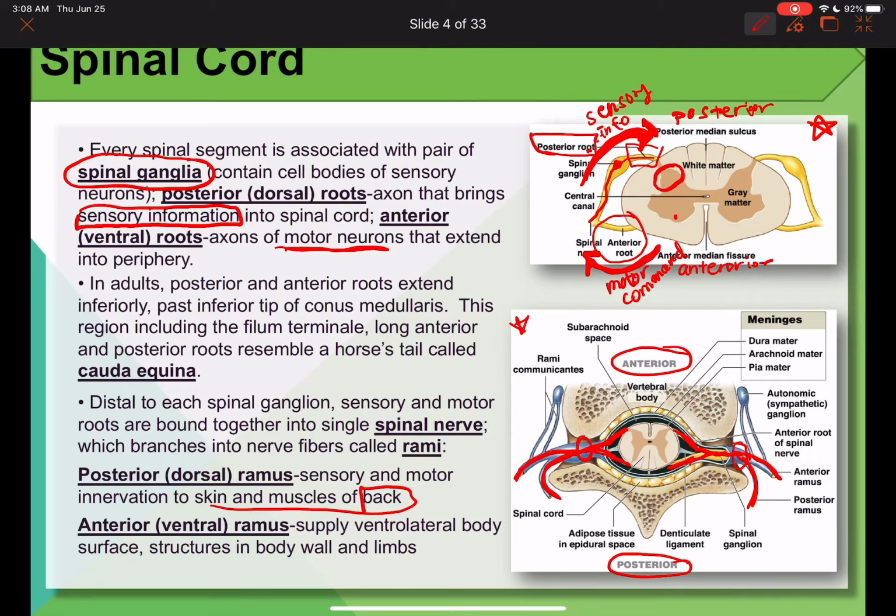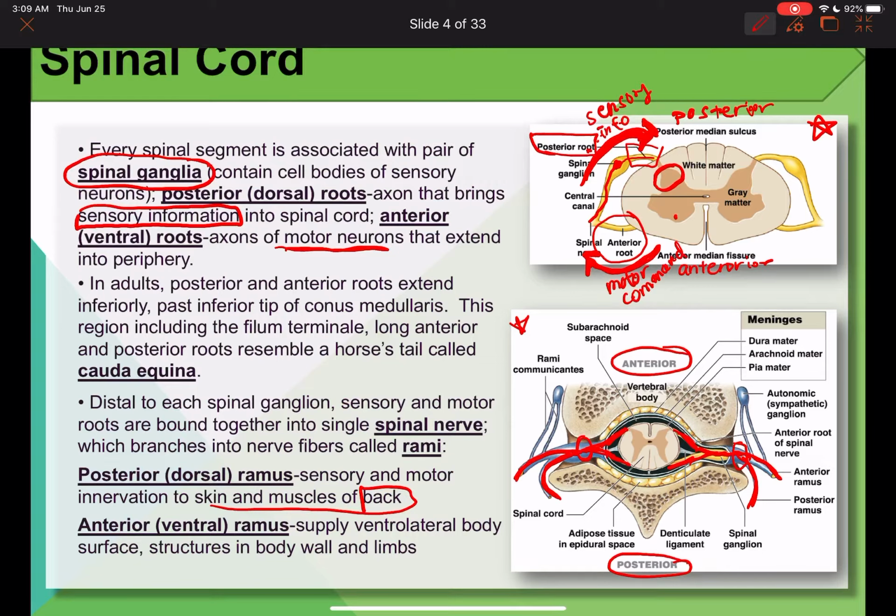Okay, so remember posterior for your back. So that's why you remember if something is coming as sensory information from your back, it's going towards the posterior ramus, and then it goes into the spinal cord through the posterior root.